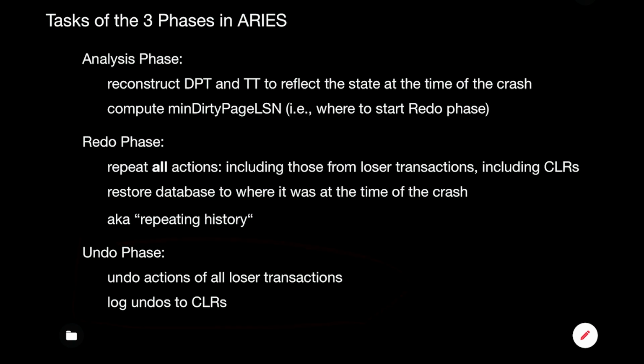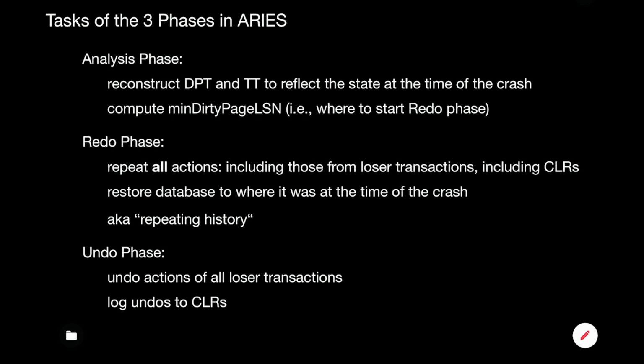Which are your loser transactions? Every transaction that's not committed. Yeah, and how do I get that? Where's the commitment in the log? Yeah, that's true. It's just whatever transactions are still in the transaction table after the redo phase. So that's the ones you have to look at.